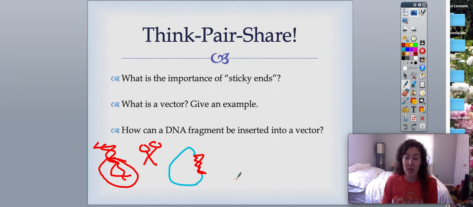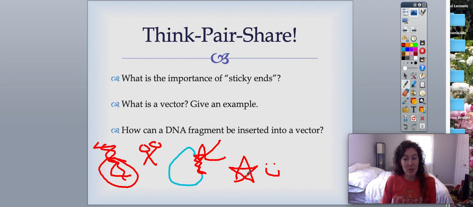That turned out crappy. Ta-da! Now you have a recombinant plasmid. It's got DNA from two sources, the original and the new. And again, the vector is the thing that is the plasmid, used for transporting that gene into another organism.